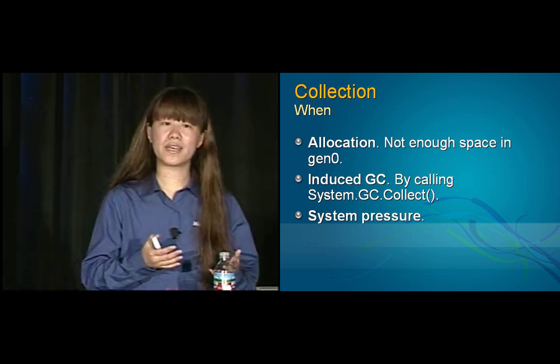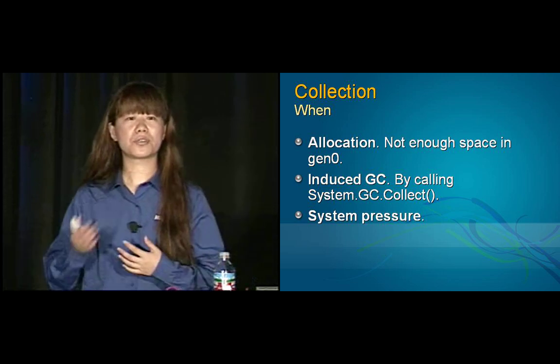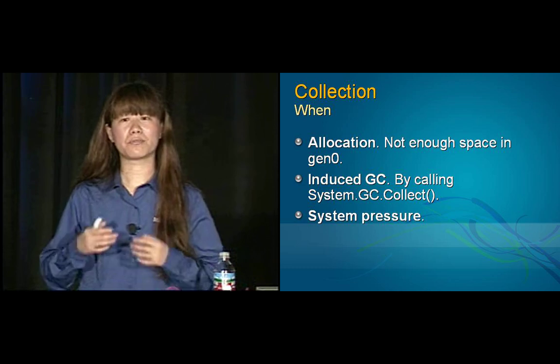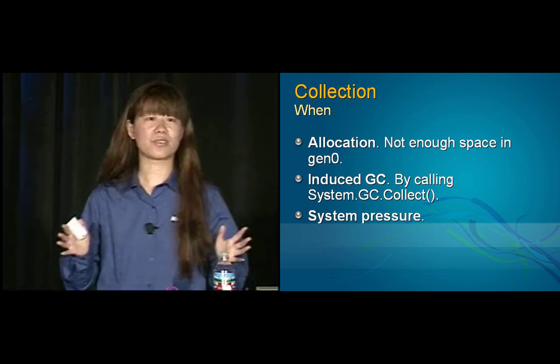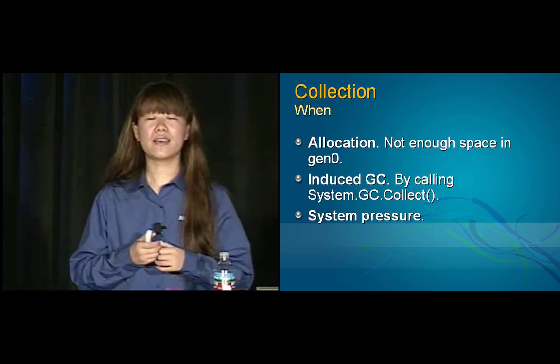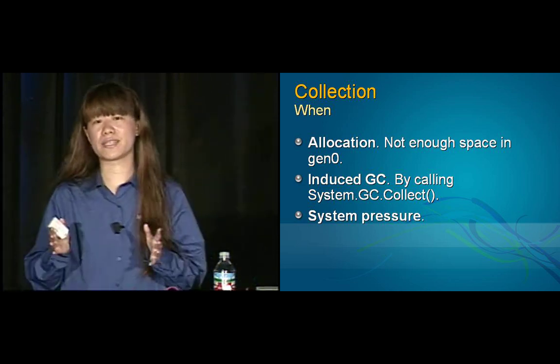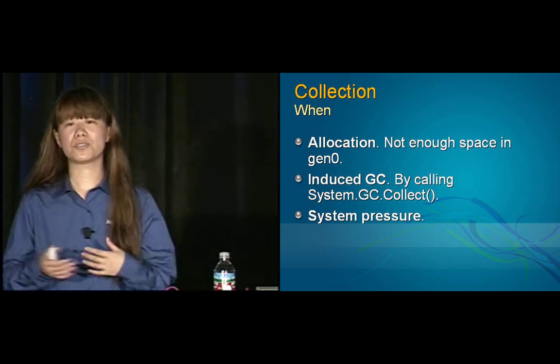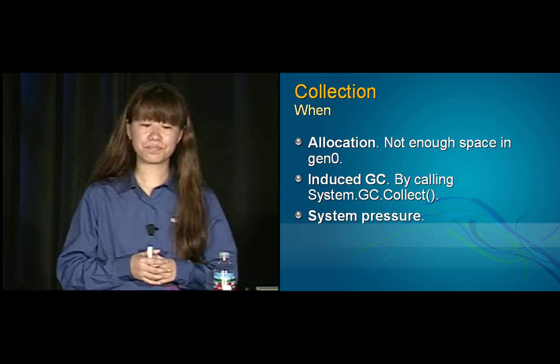But then one day your application runs in a totally different environment, and you keep calling GC.Collect all the time, which we have actually seen internally at Microsoft, and things completely get out of control. Because if you're triggering Gen 2 GC continuously, it could be disastrous.